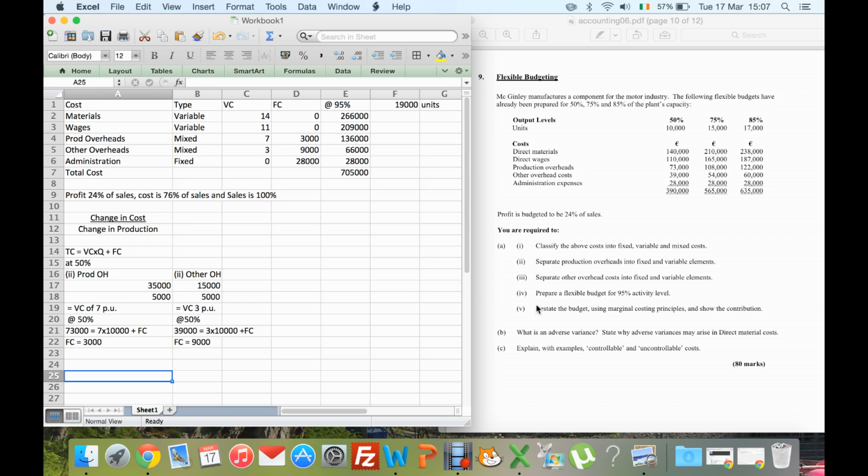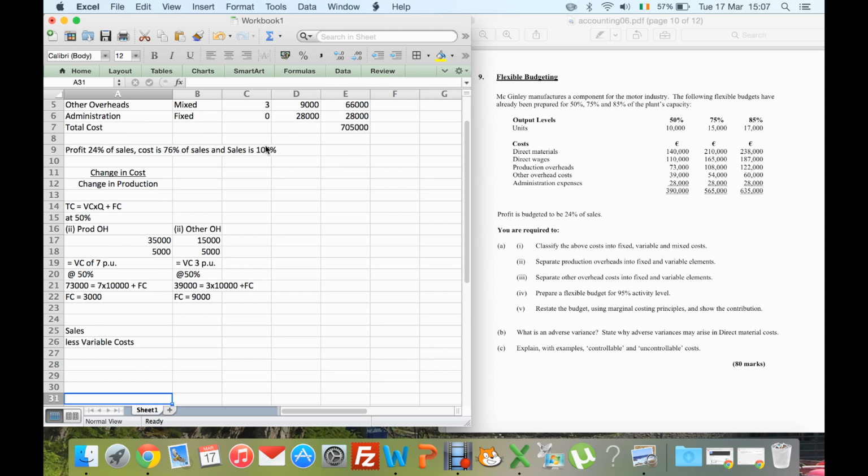But we have to restate the budget using marginal costing principles showing the contribution. So we'll have sales less variable costs. Now we have a number of variable costs here. We have 4 variable costs.